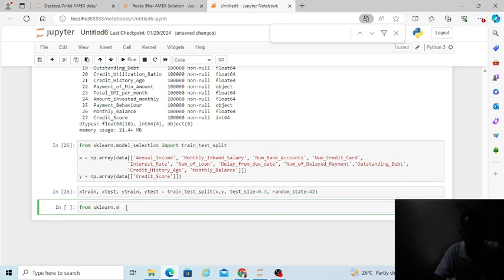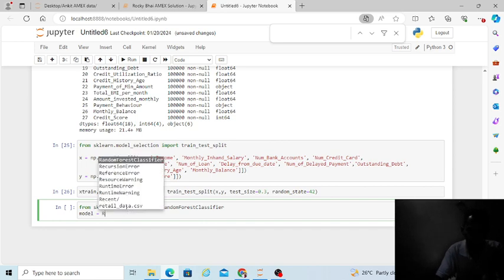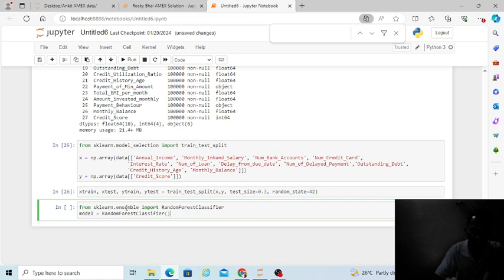So I will use from sklearn.ensemble import, I will use bagging ensemble, that is RandomForestClassifier, and I will say model equal to RandomForestClassifier.